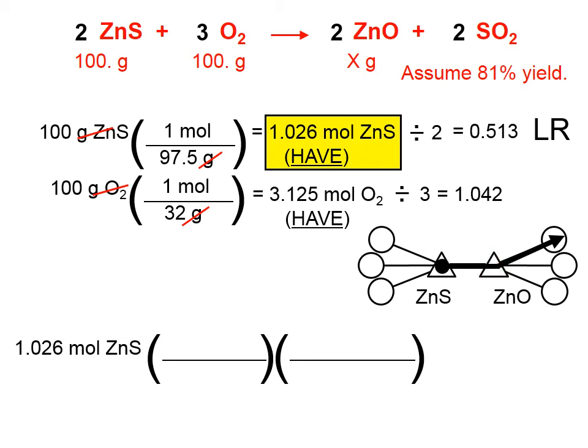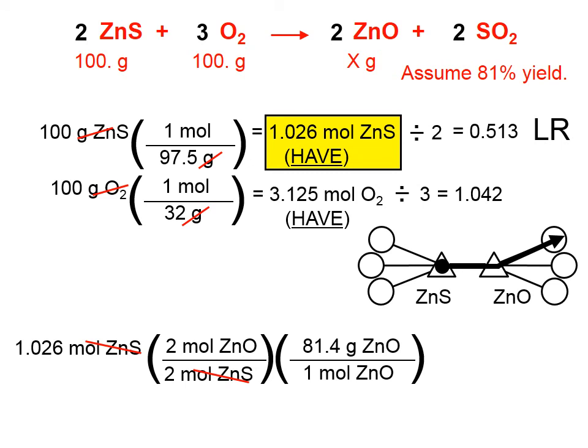For the zinc sulfide, we see a coefficient of 2. For the zinc oxide, we also see a coefficient of 2. So I'm going to go ahead and put the 2's in there. You could put 1's if you wanted, but just to be consistent, I'll put 2's in there. Moles of zinc sulfide cancel, and then we need to convert between moles of zinc oxide and grams of zinc oxide using the periodic table.